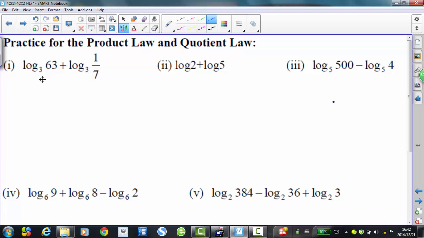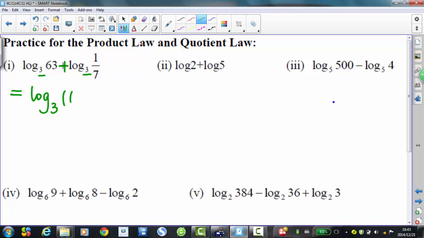And you will find that you are not able to evaluate log base 3 of 63 individually because there's no connection between 63 and 3. However, both of these 2 logs have the same base. With the adding in the middle, I can combine these 2 logs by using the product law from the right side to the left side.